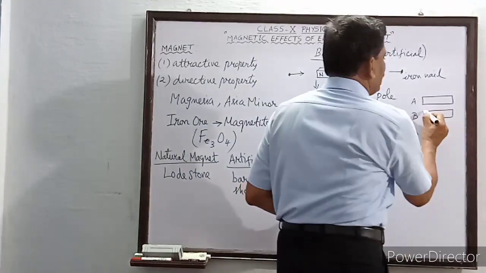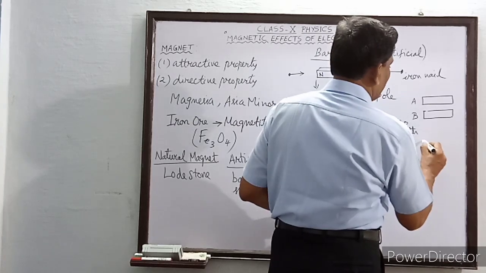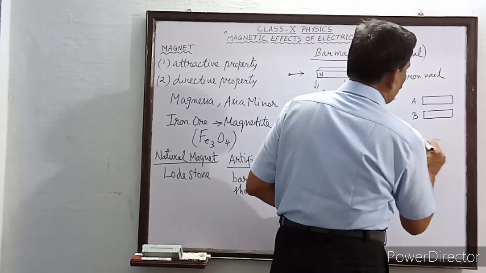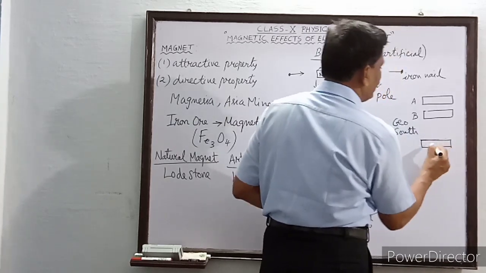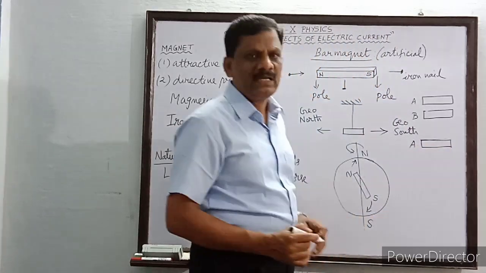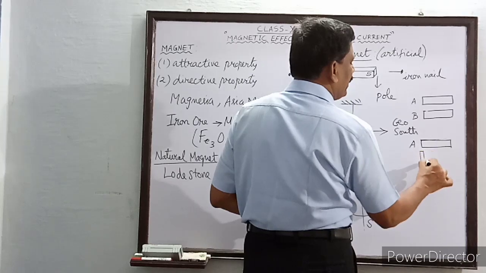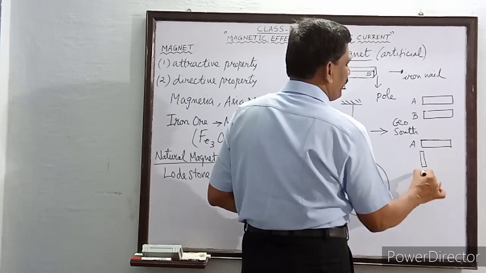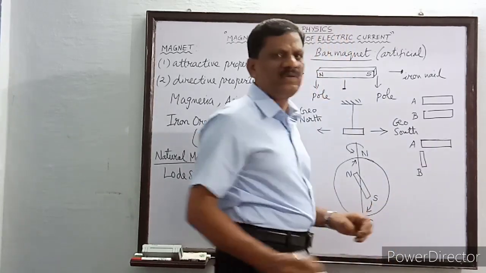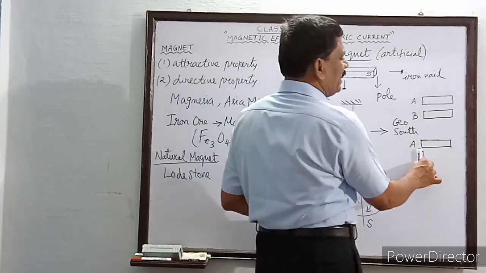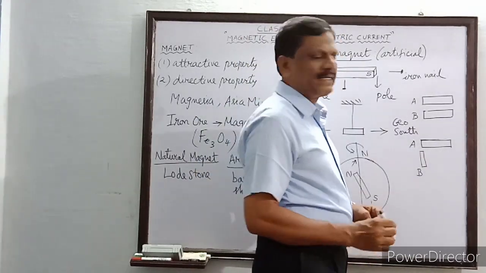For that, one method is there. First I will take the material A, and another material B is touched near one end of A. B is brought perpendicular to A and touched at A. It will be attracted.